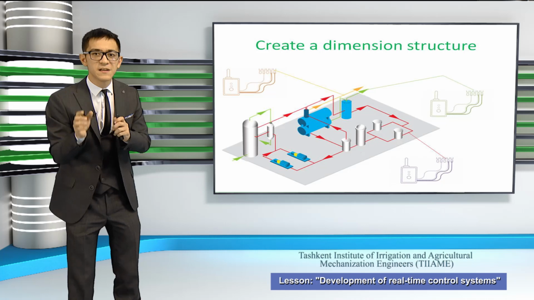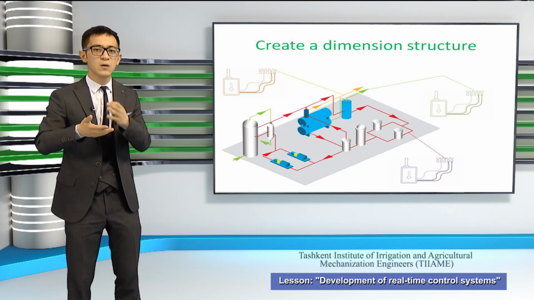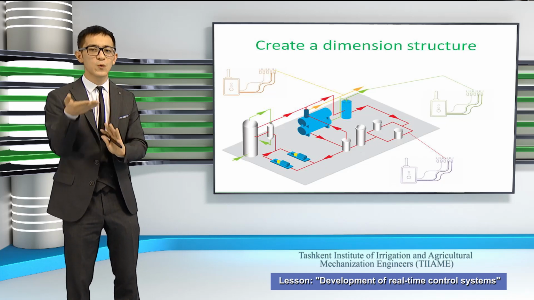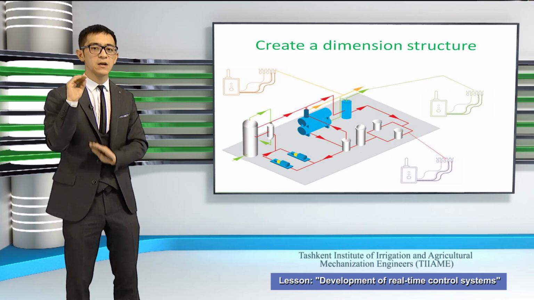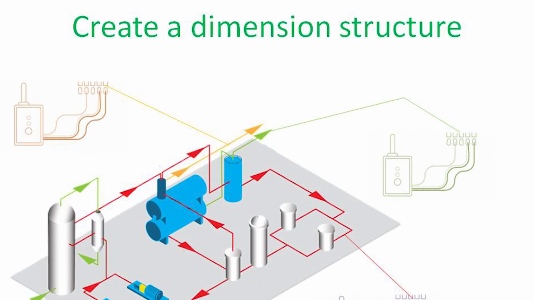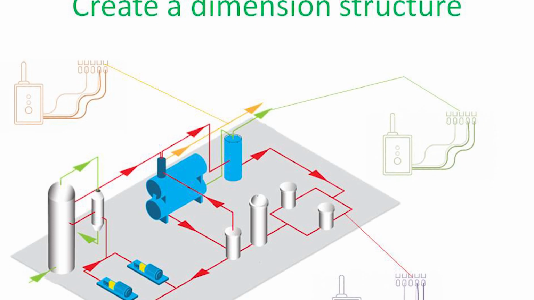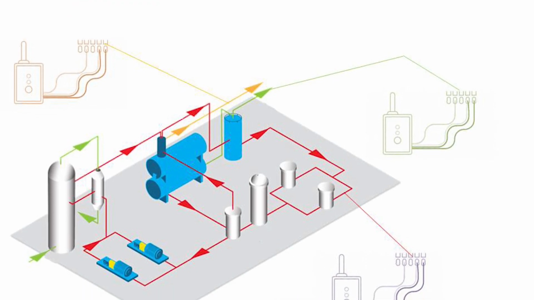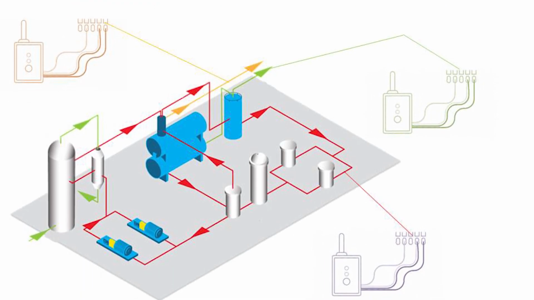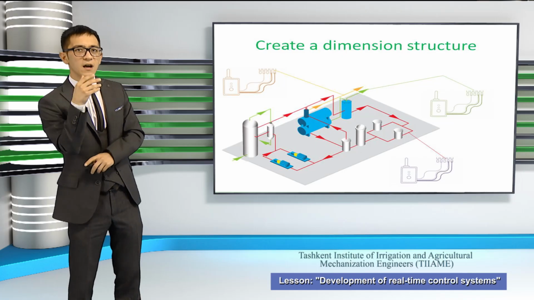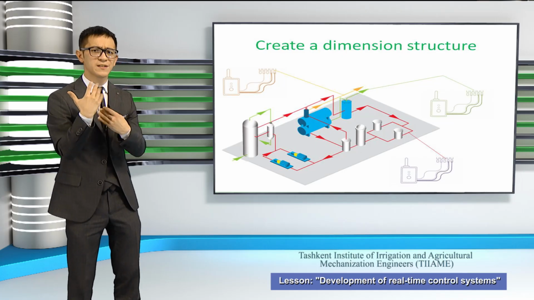All these lines have a special chemical or physical value, and every value has its sensor. According to the sensors, you will understand how you can make this real-time controlling system.